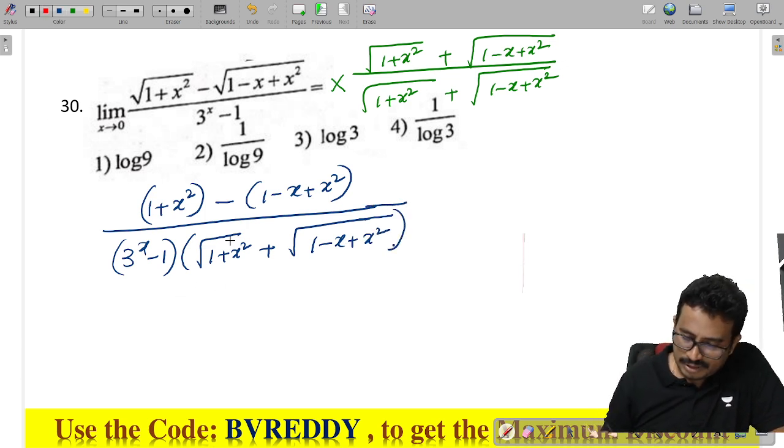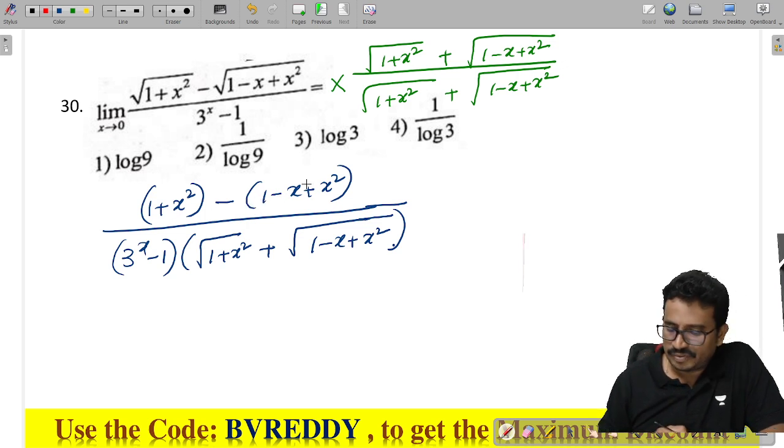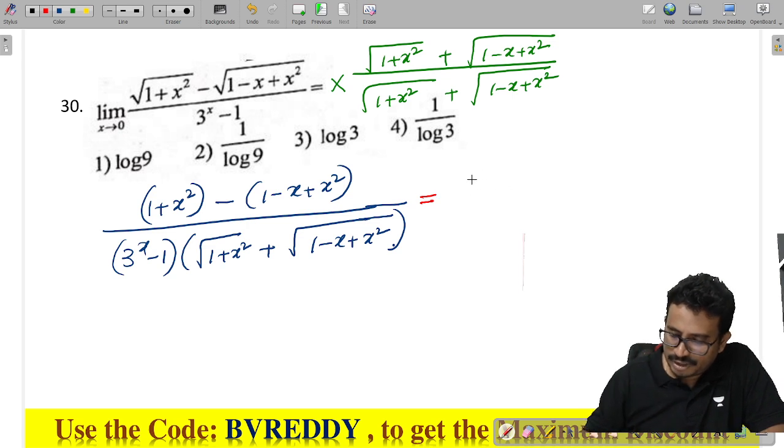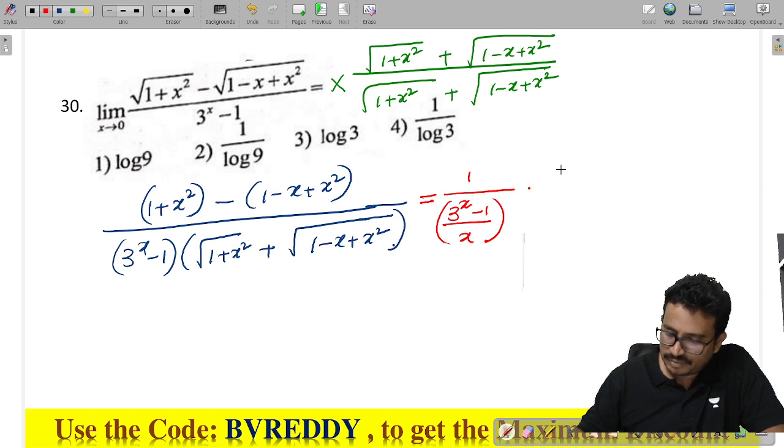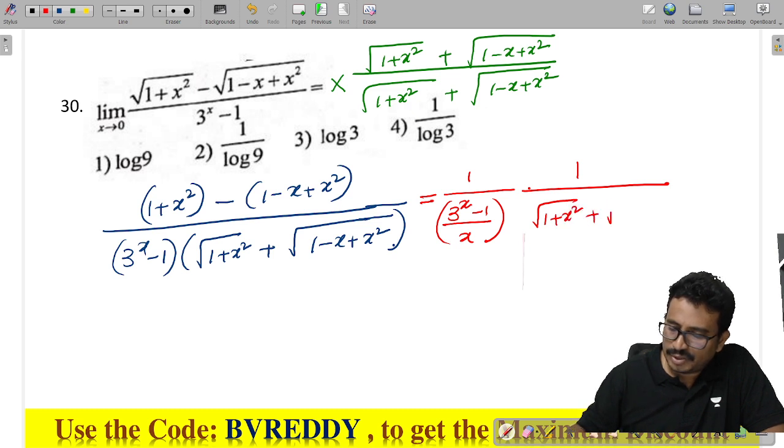Now the 1 will get cancelled, and x square also will get cancelled. Only x is left out here. So we modify this as 1 by 3x minus 1 by x, this is one term. The remaining term is 1 by square root of 1 plus x square plus square root of 1 minus x plus x square.